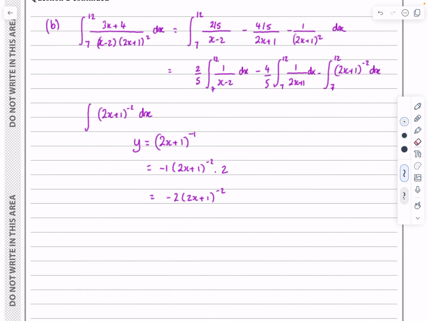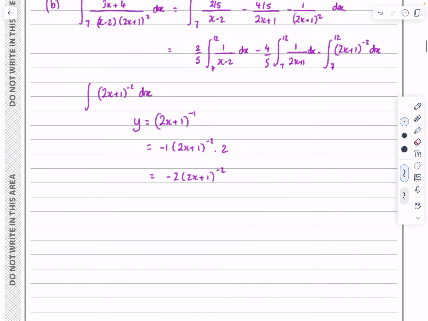So if we now go and do all of the parts of the integration, so I'm sort of jumping down here now with my answer, I'm going to get that the answer is 2/5 log x minus 2, that's the integral of this bit here, minus 4/5 log 2x plus 1. Now, because of that 2x plus 1, we have to also put a half in there.